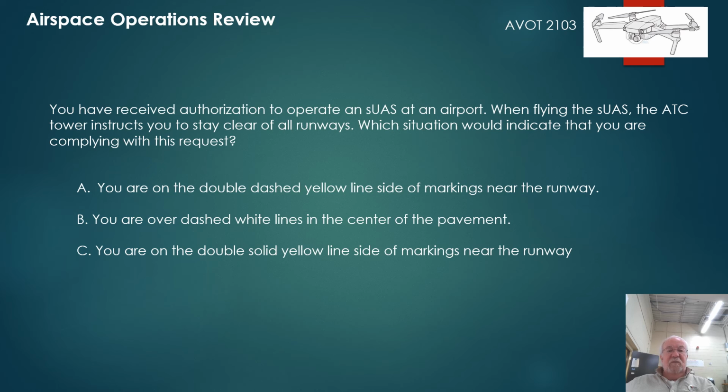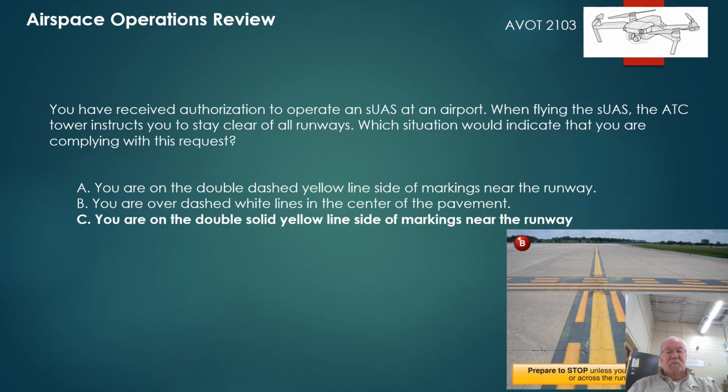Let's see, here's a couple of questions that relate to what we've just talked about. You've received authorization to operate a UAS at an airport. When flying the UAS, the air traffic control tower instructs you to stay clear of all runways. Which situation would indicate that you are complying with this request? This is about a runway marking. I won't belabor this, but there it is again.